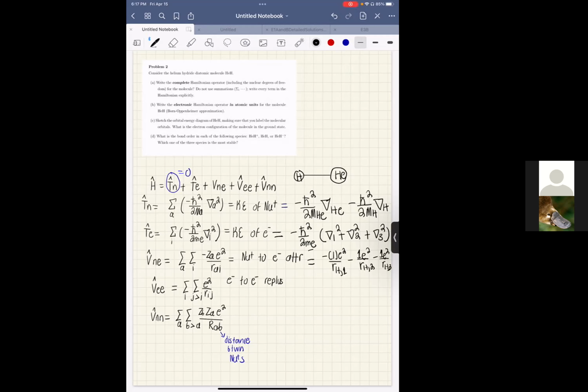And we're going to have the other 3 terms, which are going to be -2, because that's going to be the charge of the helium atom, and it's going to be RHE1 minus 2E, RHE2 minus 2E, RHE3.